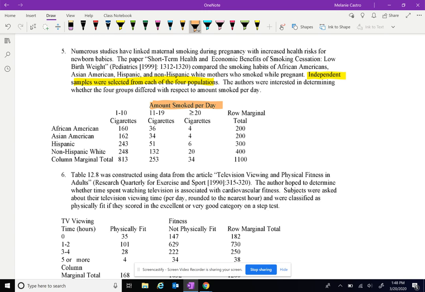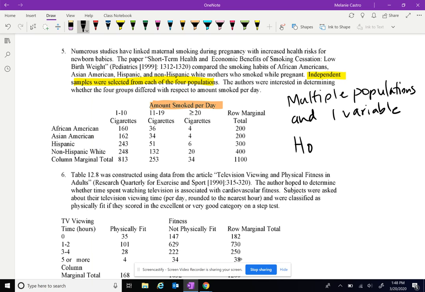How much did they smoke each day? So we have multiple populations, and we're only collecting one variable. This is our homogeneity of proportions test.